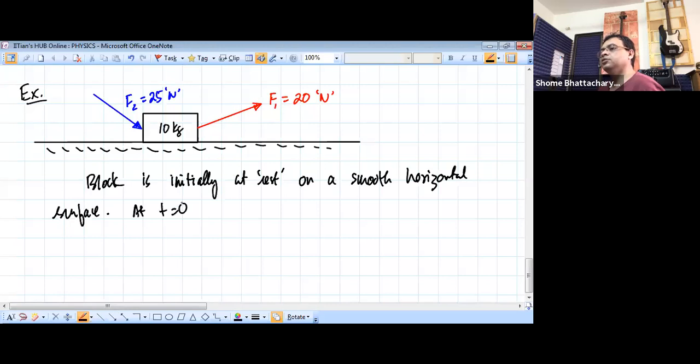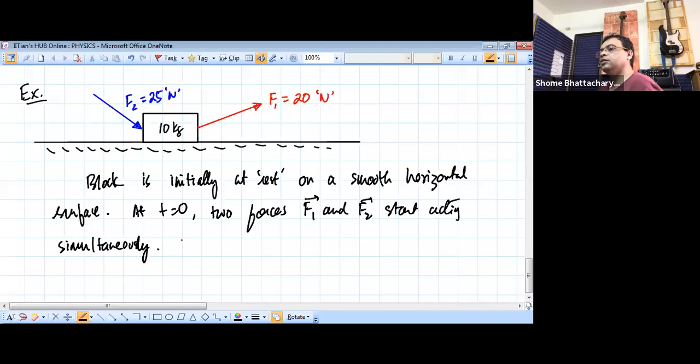At t equal to 0, two forces F1 and F2 start acting simultaneously. F1 is at 37 degrees to the horizontal, and F2 is at 37 degrees to the vertical.